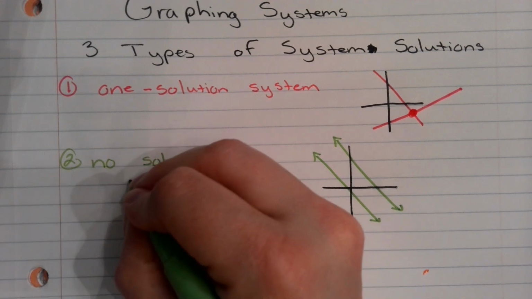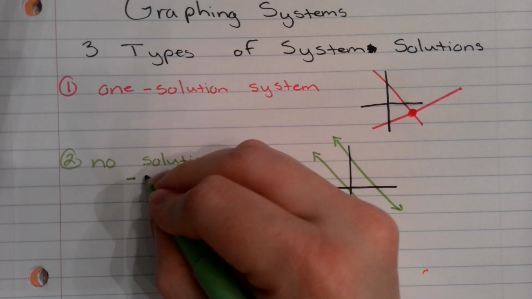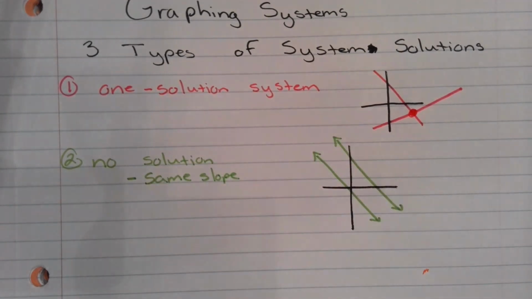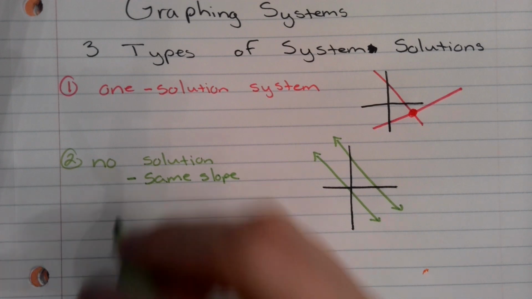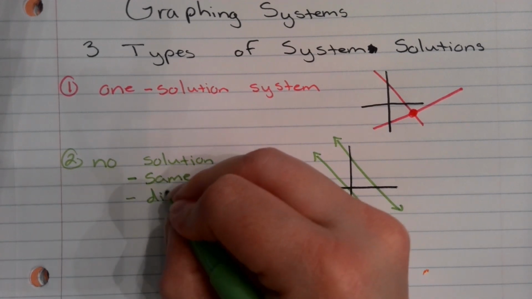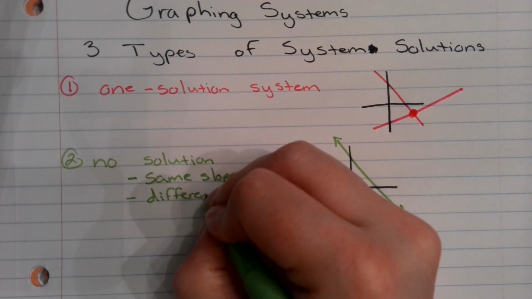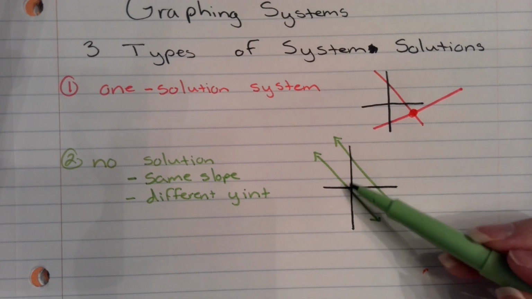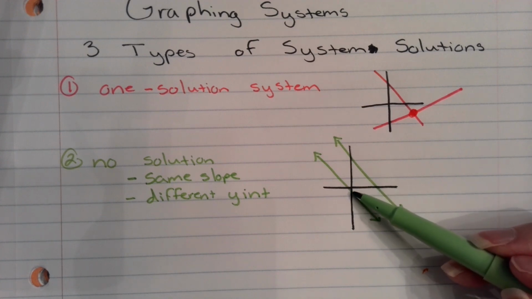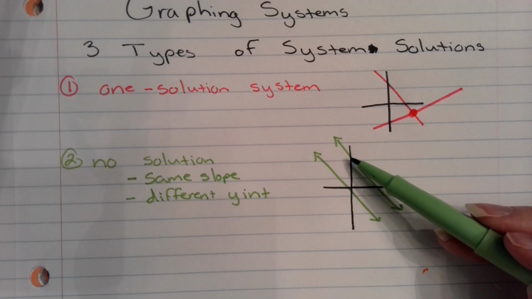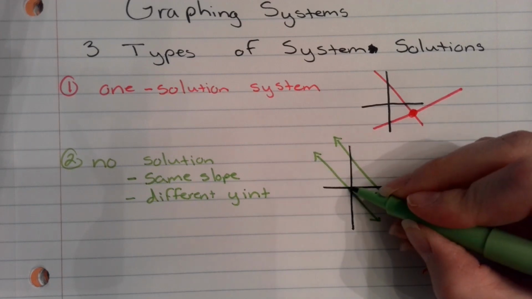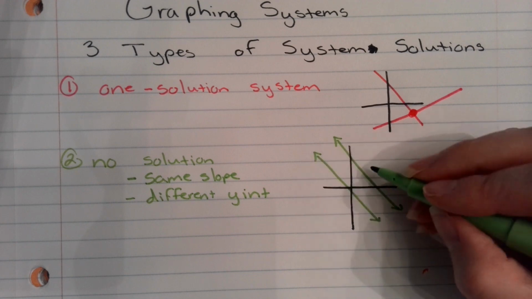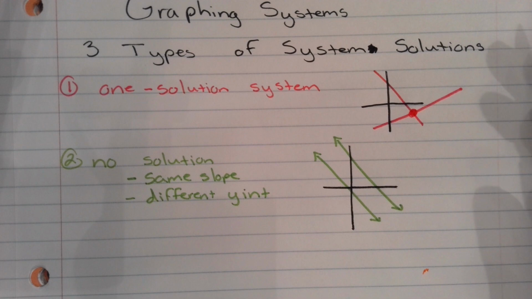That means that when you're looking at them as equations, both lines are going to share the exact same slope. They're going to have the same rise over run, but they're going to start at different y-intercepts. My first line that I drew has a y-intercept in the negative zone. My second line has a y-intercept in the positive zone, but they both are increasing. They're both rising and running the exact same amount, so they will never touch.